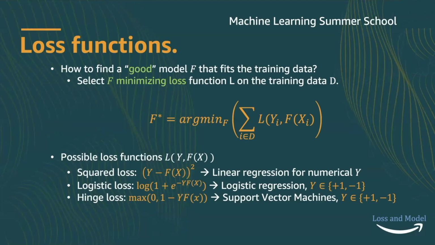A simple classification loss is just a counting loss. Let's say you have 100 data points in your data set or training data D. Every time the model F makes a mistake on a sample, the loss simply adds a value 1. And if the model F gets it right, it does not add any penalty. It simply adds 0. That's a simple counting loss.